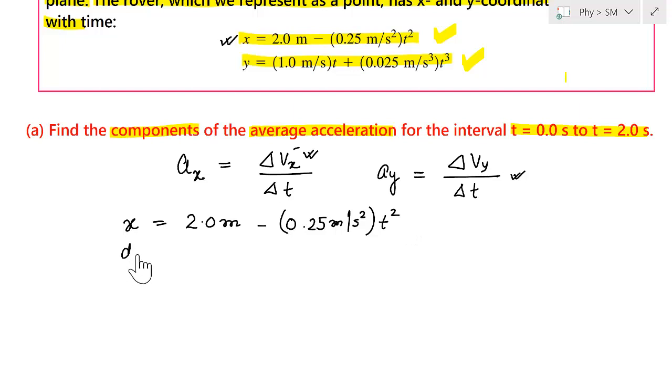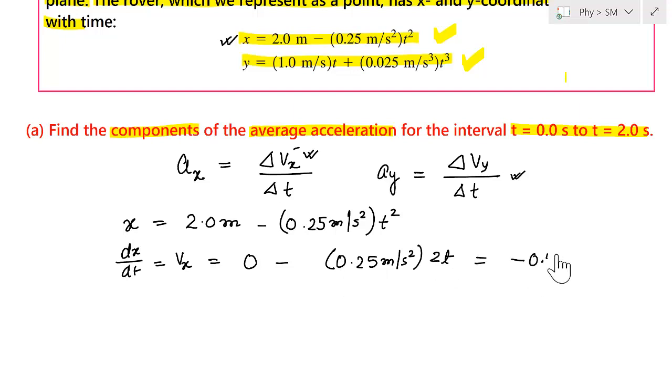Now if I differentiate, dx by dt, which is nothing but Vx, the constant term differentiates to 0, and the differentiation of t squared is 2t. So this will be minus 0.50 meters per second squared times t. So this is the velocity in the X direction.